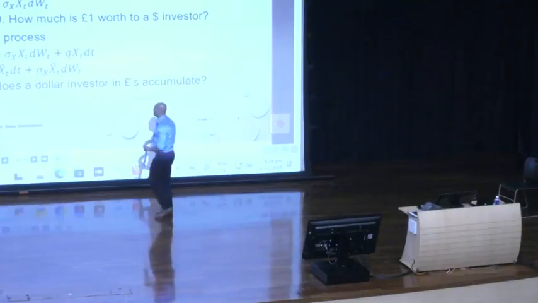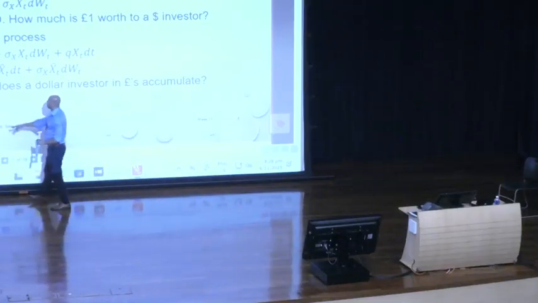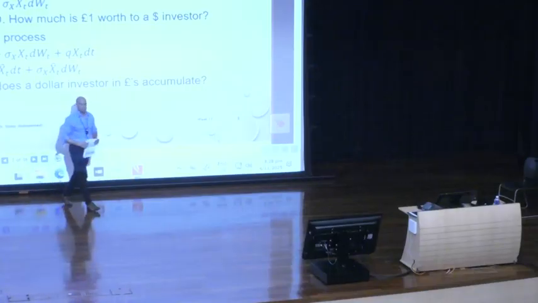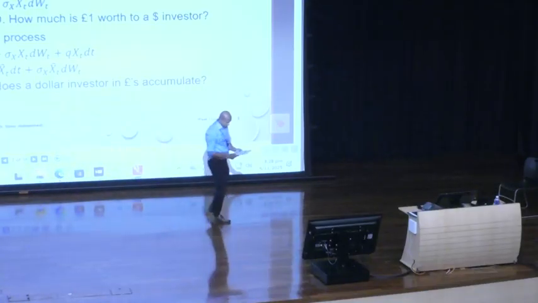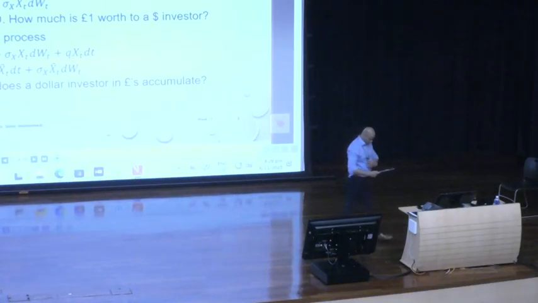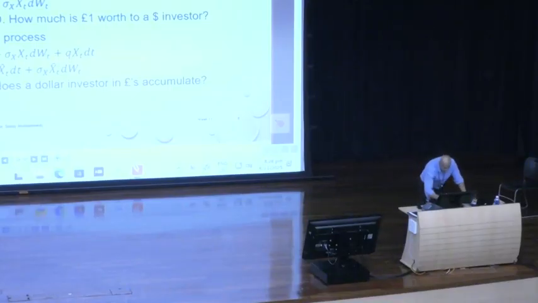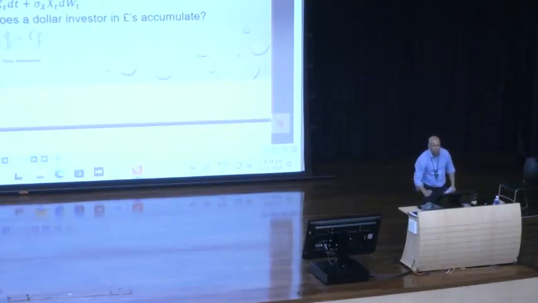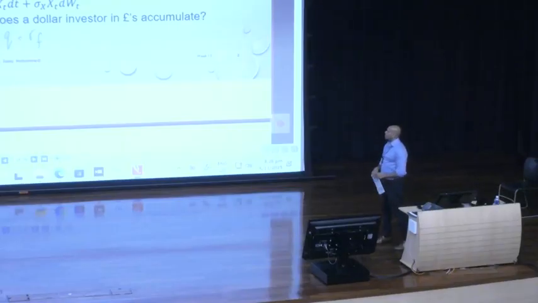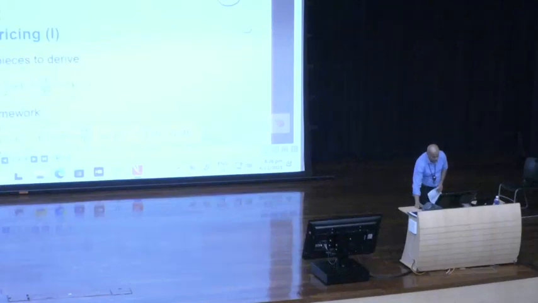So Q in this case is just the foreign interest rate, which I'm going to call R foreign. And again, we'll assume it's constant, like we assume the domestic interest rate is constant.